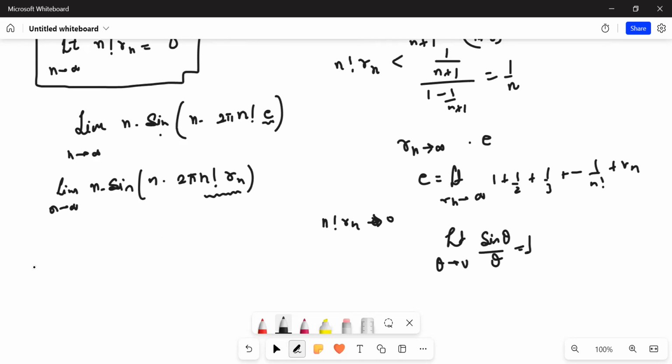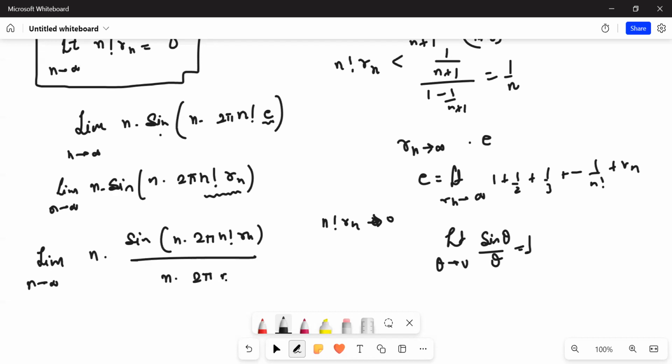So that requires a little bit of manipulation. I will write sine of 2 pi n factorial Rn, and in the same way, I'll write 2 pi n factorial Rn.